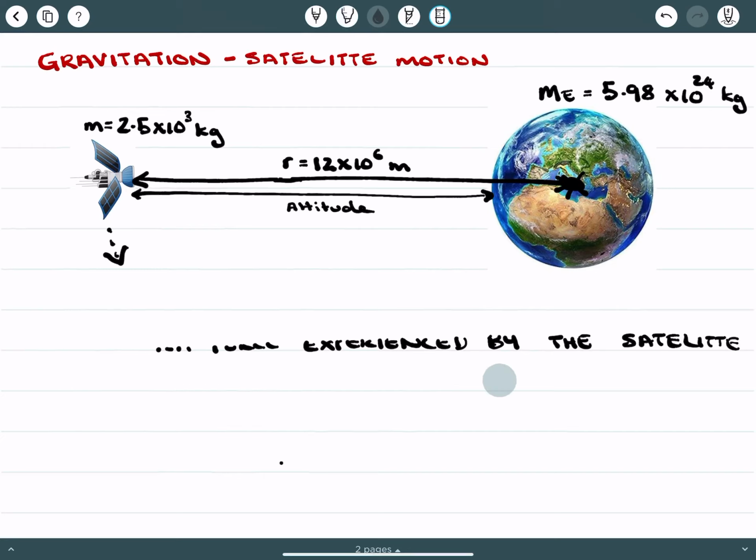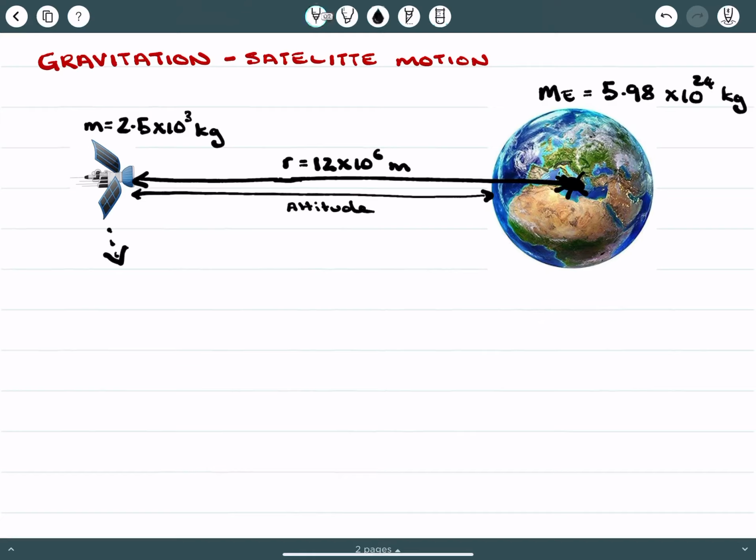Okay. And I'm just going to scrub all this out because we're going to do our working underneath. And the first thing that we're going to look for is we're going to focus on the forces that are attracting the Earth and the satellite together. Now, think about it. The satellite is being attracted to the Earth. The Earth is also being attracted to the satellite. And the forces between the two, they're the same.